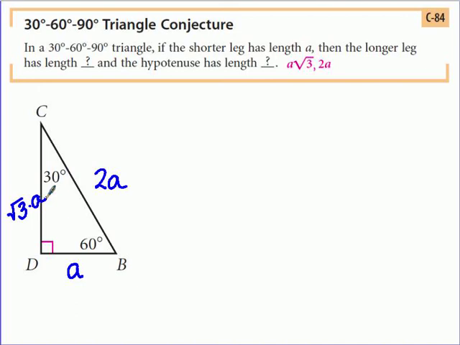To find the side opposite 60, you just take the shortest side times root 3. Now we're going to look at a few examples.